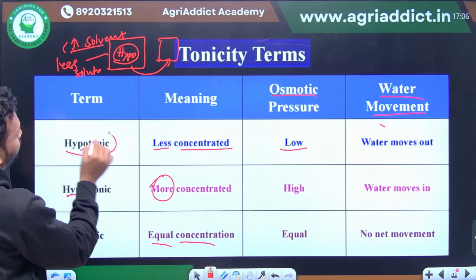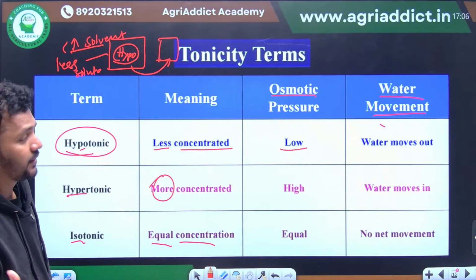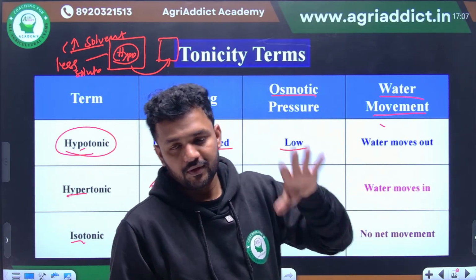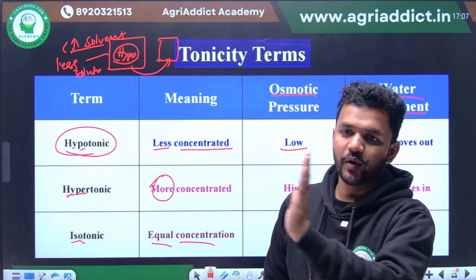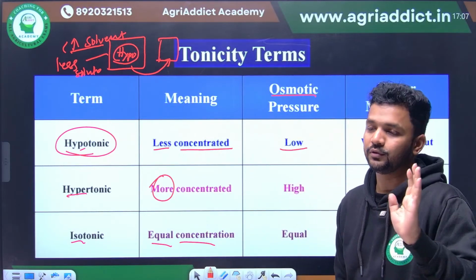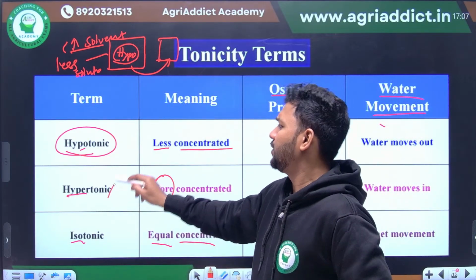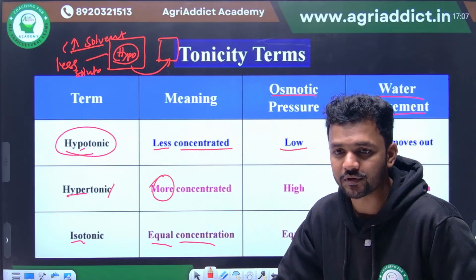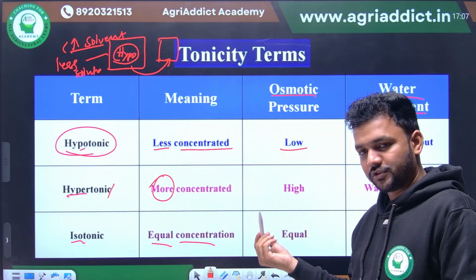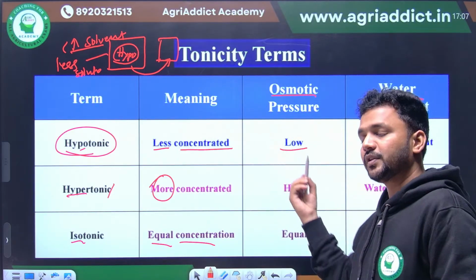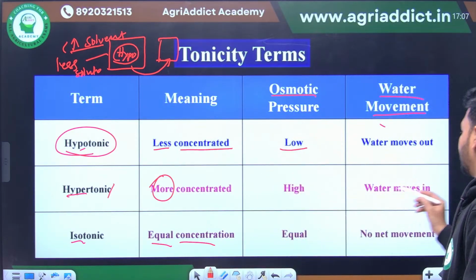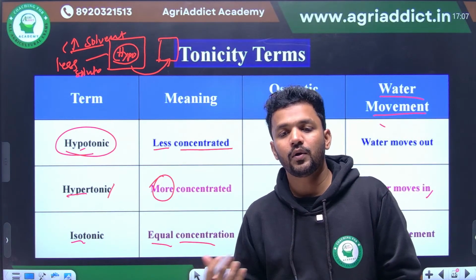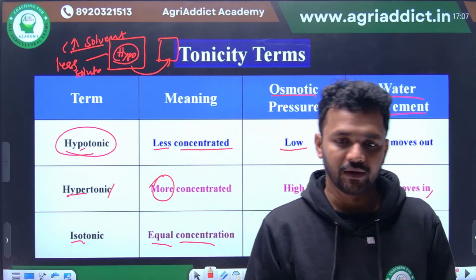In a hypotonic system, water moves out from where the osmotic pressure or solute is low. Hypertonic is the opposite: water enters the solution that has more solute concentration. And if it is isotonic, there is no net movement, neither going out nor coming in.